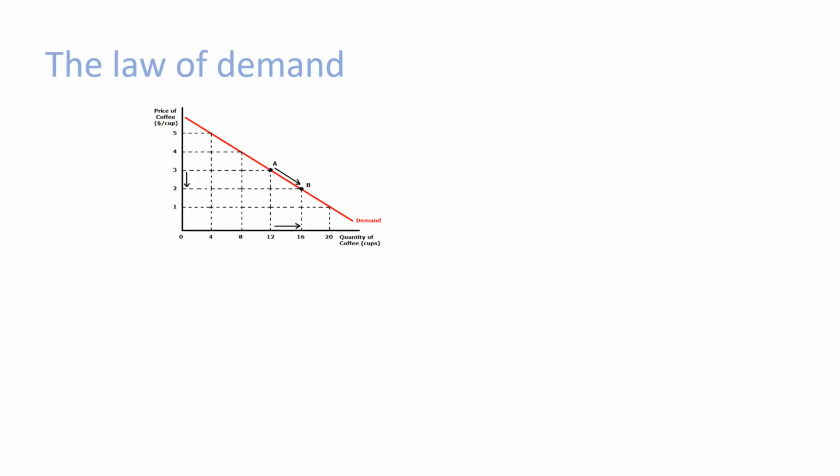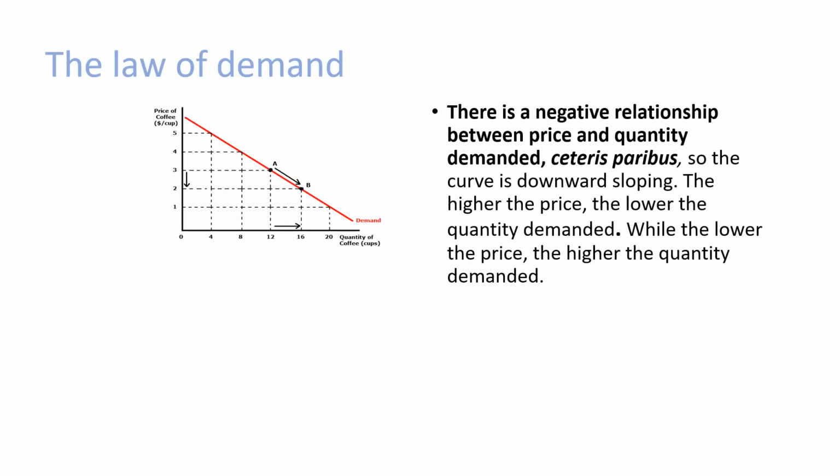Now let us talk about the law of demand. As we can see previously, the higher the price, the lower the quantity. The lower the price, the higher the quantity. So there is a negative relationship between the price and the quantity demanded, ceteris paribus.